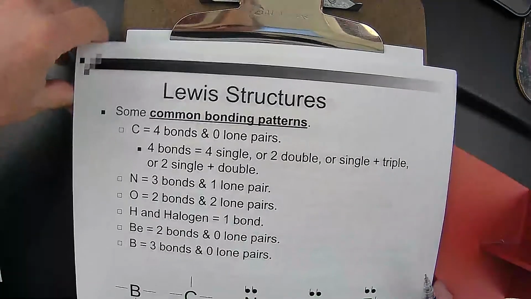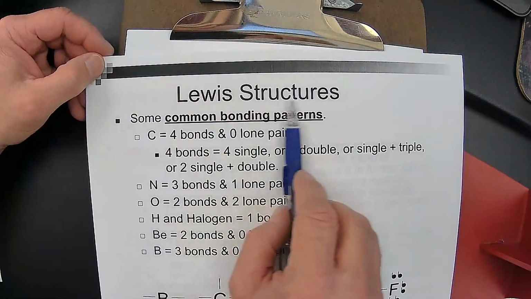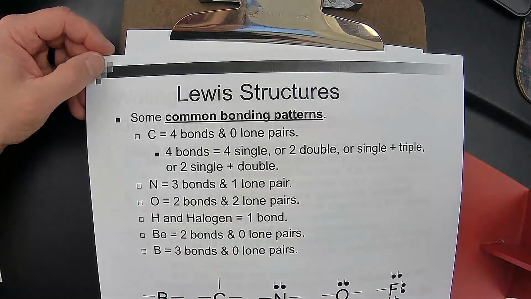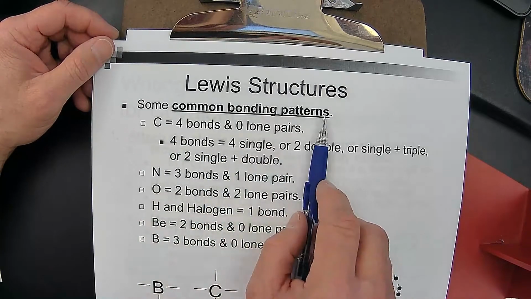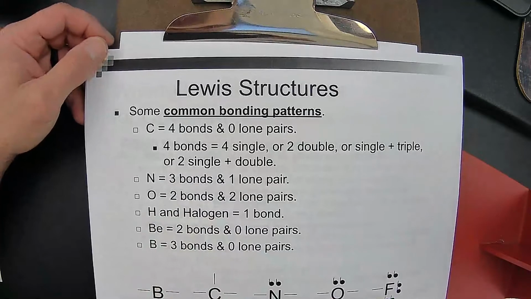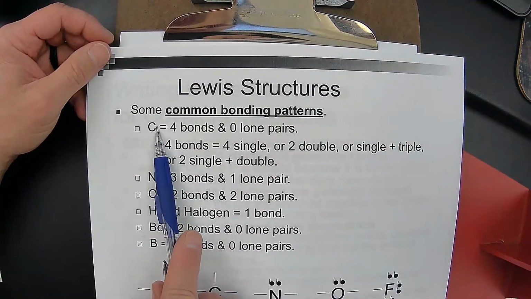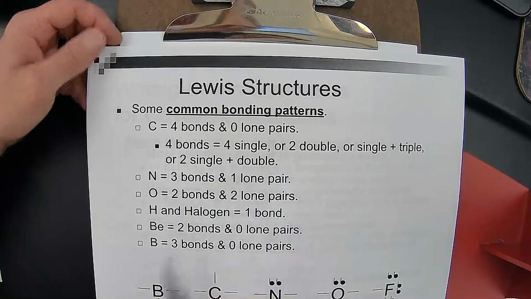In our notes, we're going to write, today is the topic, Lewis structures. And we're going to write this, some common bonding patterns. And some of the common bonding patterns that we're going to look at first is carbon. Carbon really likes to make 4 bonds and have 0 lone pairs.